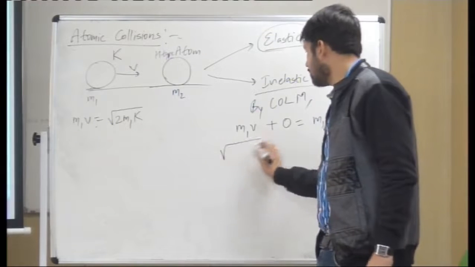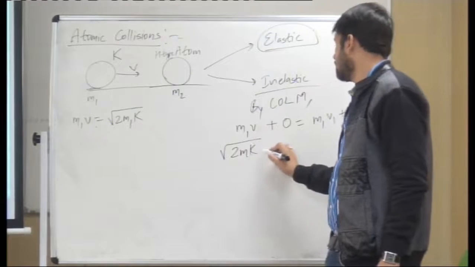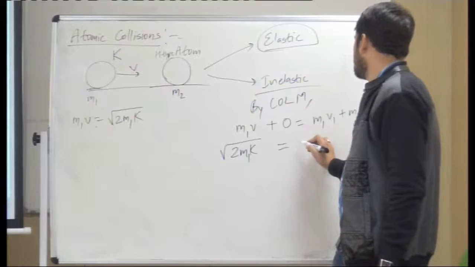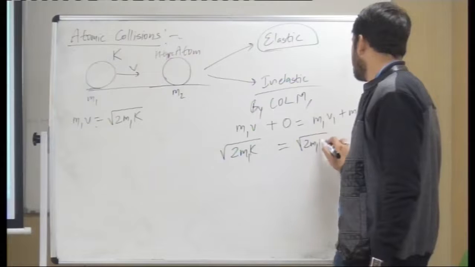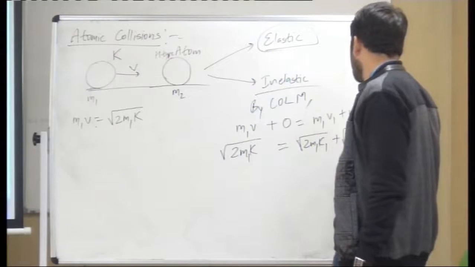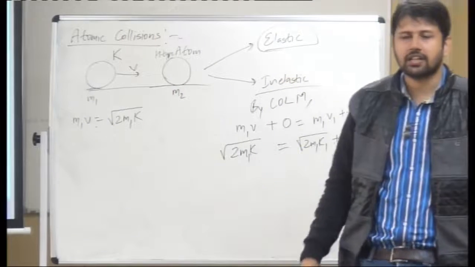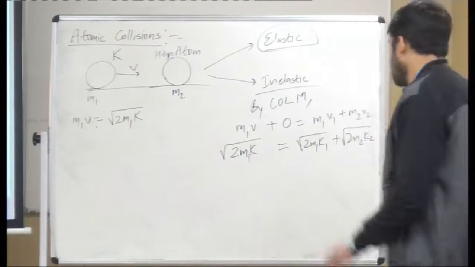This would be root 2 m1 K is equal to root 2 m1 K1 plus root 2 m2 K2, right? K1 and K2 are their kinetic energies, right?